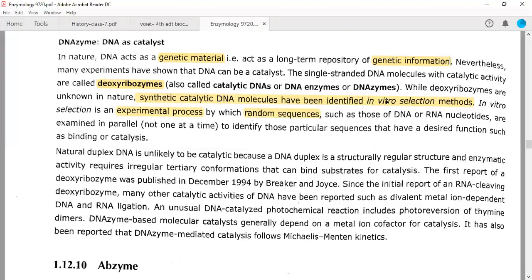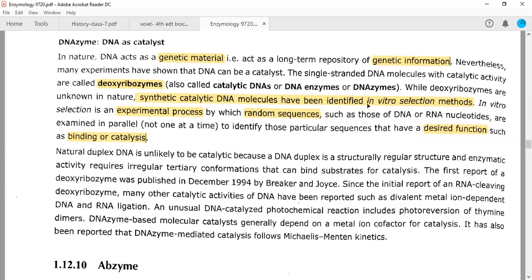Because we are selecting sequences of nucleotides, in parallel we are taking many sequences at one time, not one, to identify those particular sequences which have our desired function. For example, if we are looking for some DNA which has some catalytic function, or some binding or some catalysis, we only look for that particular sequence out of thousands of sequences we have in our hand. So this is called in vitro selection method.